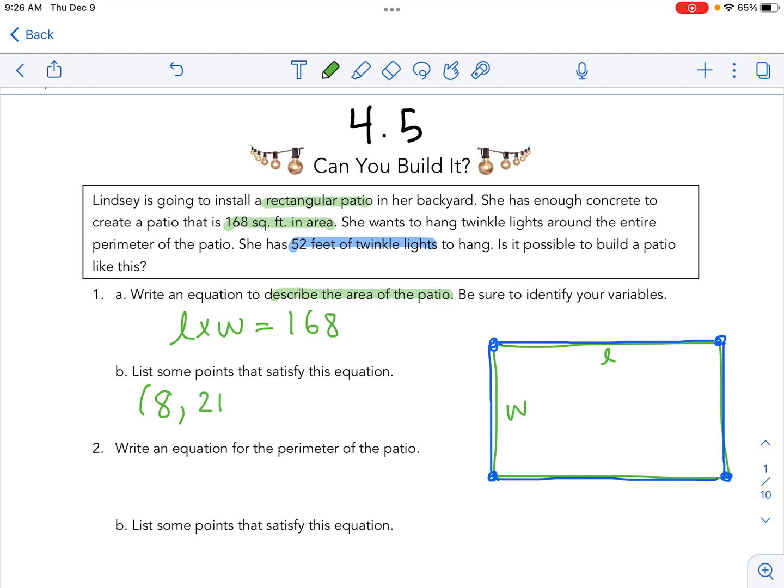So if we think about some points that satisfy this equation, just looking at that number, I know 8 goes into it. So 8 comma 21, it looks like. And I can flip-flop those, right? I can go 8 times 21, or I can go 21 times 8, and get lots of points really quickly. What else would go in here? 12, I think, goes in there.